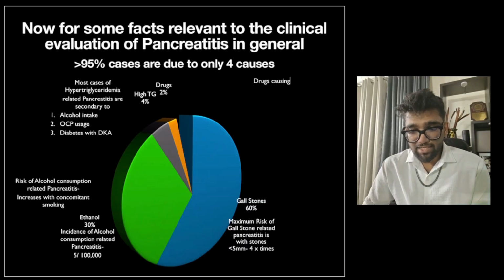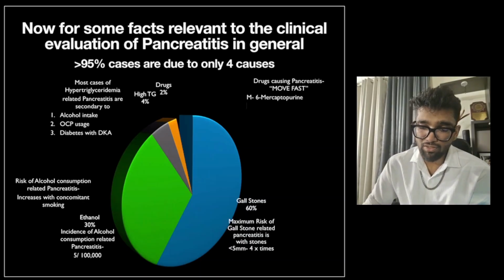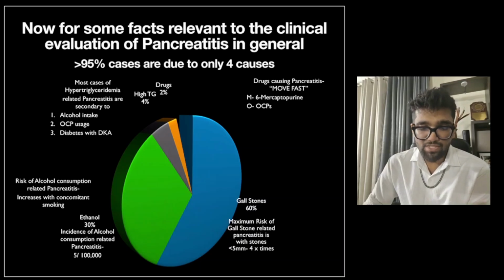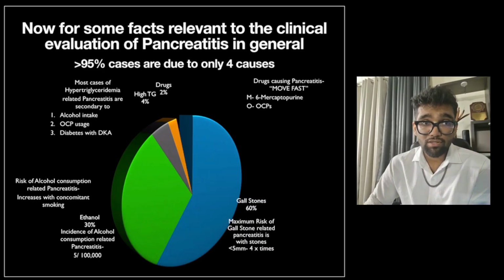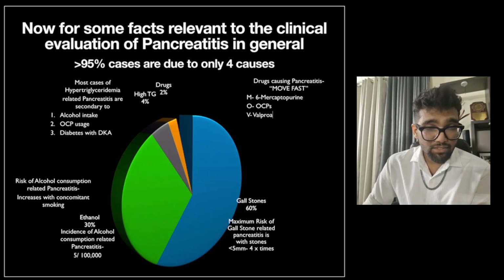And the drugs that cause pancreatitis, I remember using the mnemonic MOVE FAST. So in this situation, M stands for 6-mercaptopurine. Naturally, that includes azathioprine. O stands for OCPs, as we've discussed, that increases the risk, that can cause hypertriglyceridemia also, and that can cause pancreatitis. Then V stands for valproic acid.